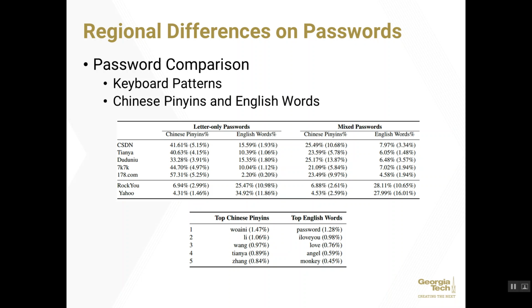One interesting factor is that there is always one thing in the passwords, that is love. The first of the top Chinese pinyin means I love you in English, and Chinese surnames are also very popular. The second, the third, and the fifth top Chinese pinyins are Chinese surnames.